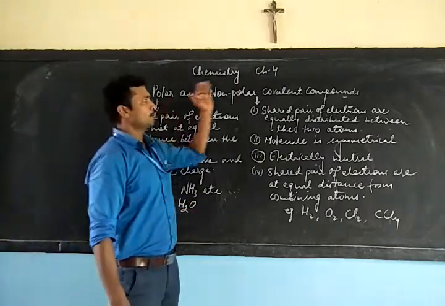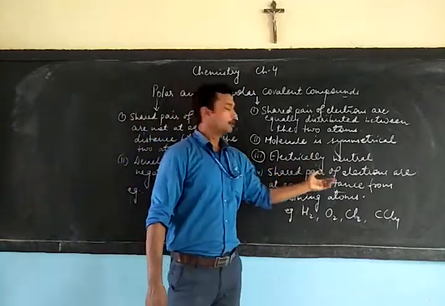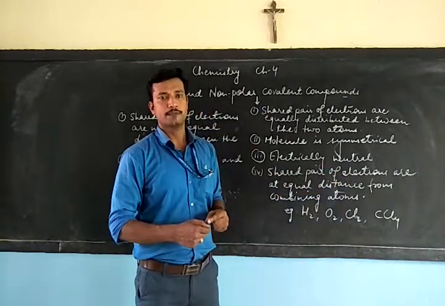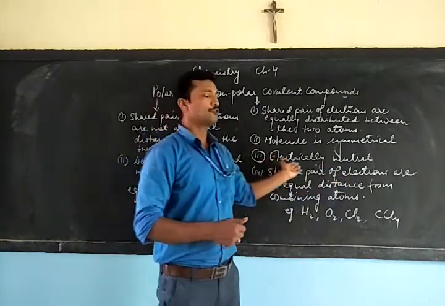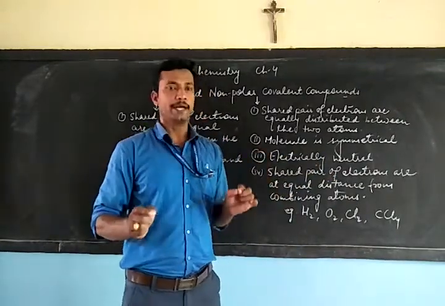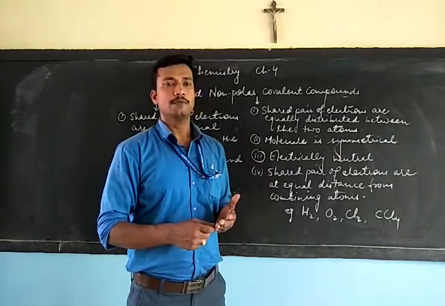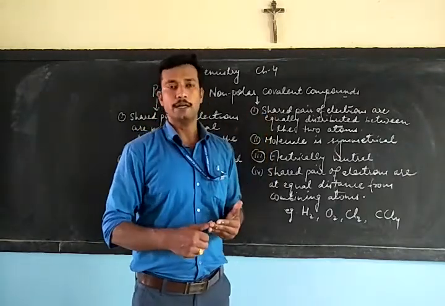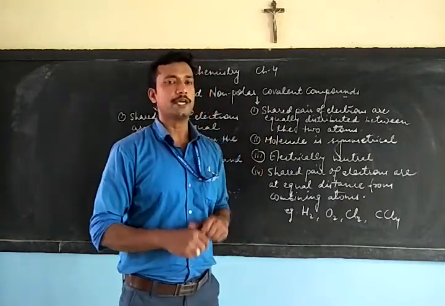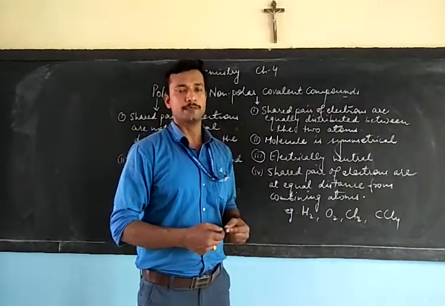On the other hand, in non-polar covalent compounds, the shared pair of electrons will be at equal distance from the two combining atoms, because most of the time, if the two atoms are identical, then the shared pair of electrons will experience equal force of attraction from the two nuclei of the combining atoms.